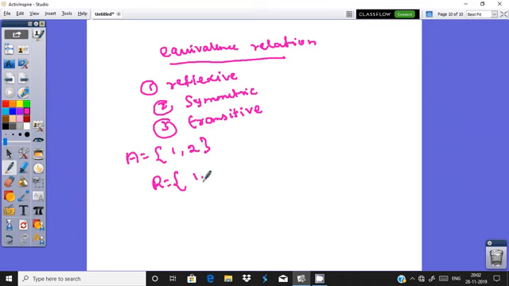So 1 comma 1 exists, 2 comma 2 exists, and I can write 1 comma 2, and if I write 2 comma 1, now I can say that this relation is symmetric, reflexive and transitive.